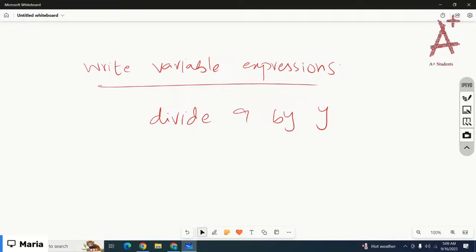It would be 9 over y, right? This way you can write the variable expression. Basically, you are given in the words form, you have to just write it down as a variable expression, right? Then another example is add t and 9. That would be just t plus 9, right?